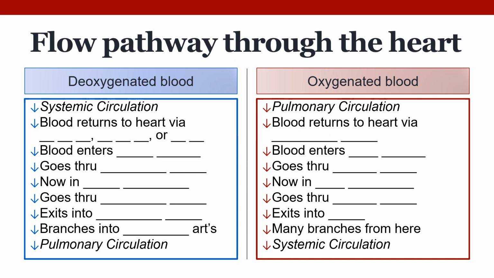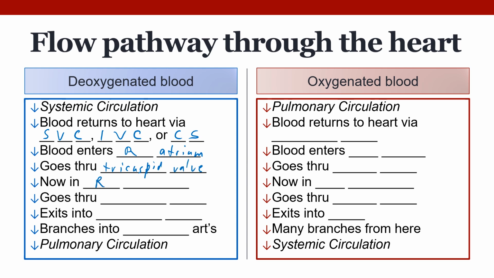Okay. Y'all remember the flow pathway through the heart. I'm going to summarize it real quickly for you here. Blood returns to the heart via the superior vena cava, the inferior vena cava, or the coronary sinus on the back of the heart. Blood enters the right atrium, goes through the tricuspid valve.